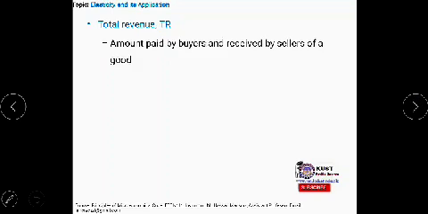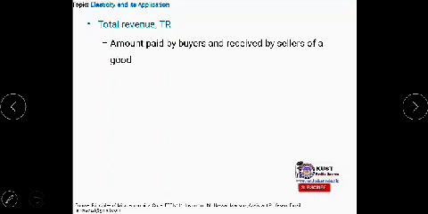Total revenue is the amount paid by the buyers and received by the sellers of a good. We know that whenever buyers and sellers come in contact with each other in the market, the objective of that contact is to exchange goods, products, or services.